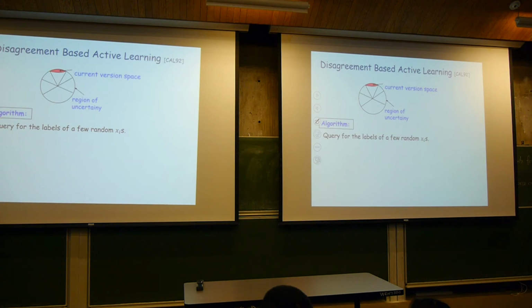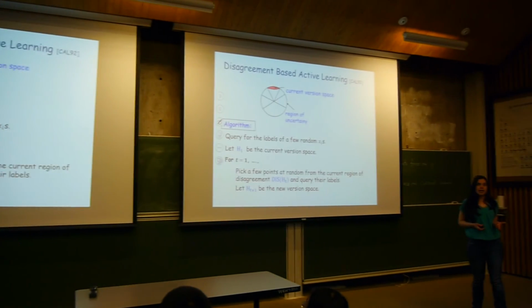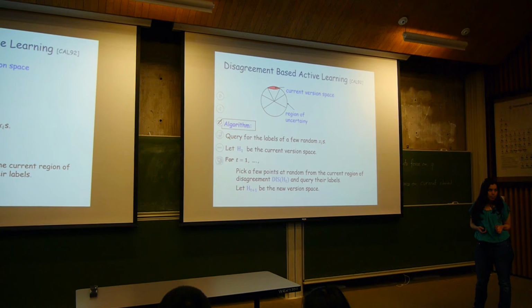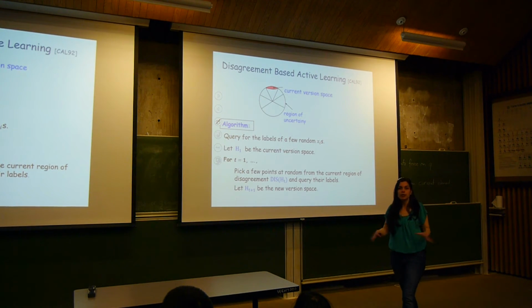Here is the algorithm more concretely. Initially, we query the labels of a few random points. We let H1 be the current version space, the set of classifiers consistent with all these random points. Then we go in rounds. In round T, we think about the region of disagreement of the set of surviving classifiers, and we pick a few points at random from the conditional distribution given that region of disagreement.